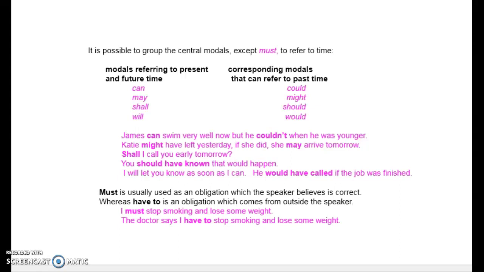Whereas if the doctor says, for example, you have to stop smoking and lose some weight, here the obligation is coming from the outside. It's not coming from the speaker. This difference is the way it is, but some people use either one or the other without thinking about whether it comes from inside or outside.